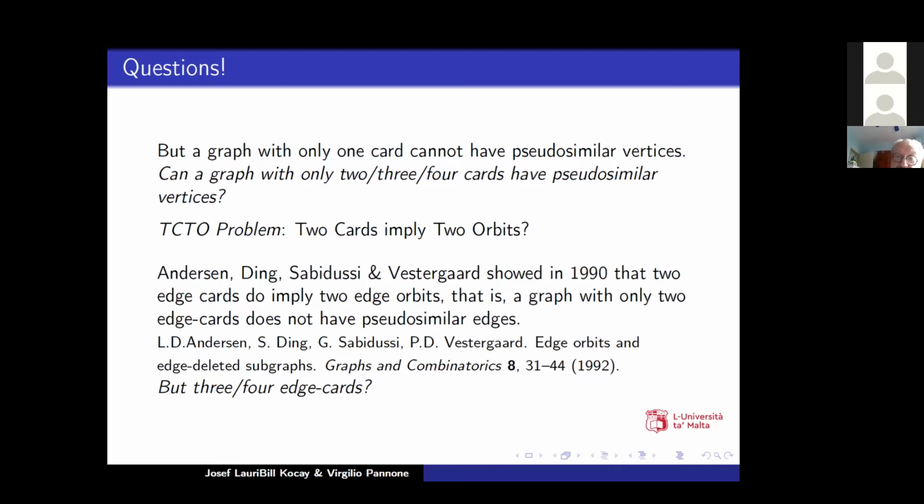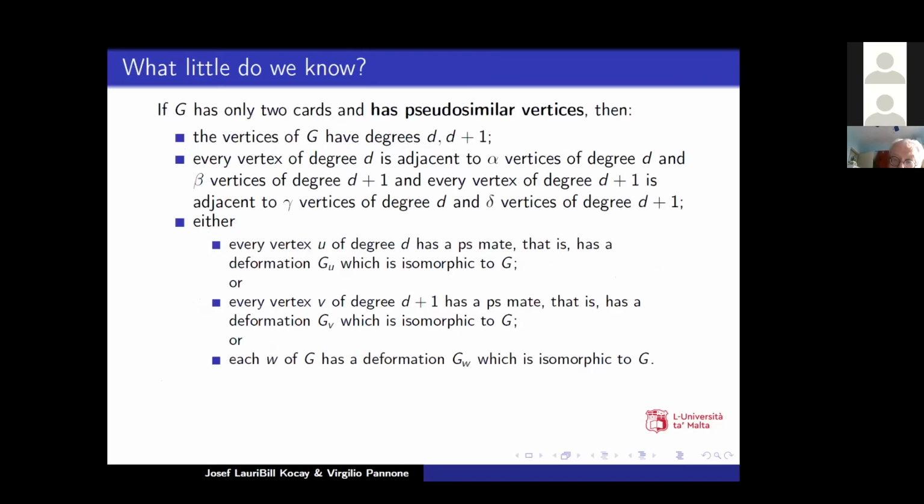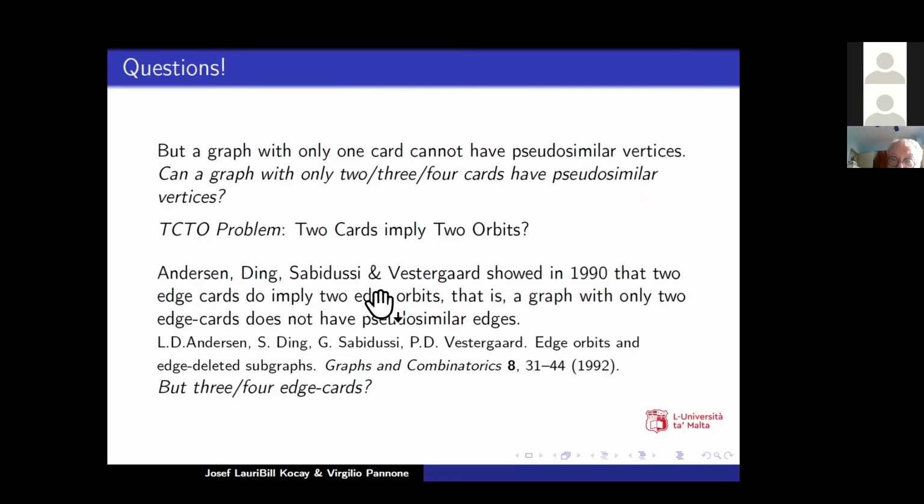But what happens with 3 edge cards and 4 edge cards is also still open. So if we manage to prove this, we'll have this gap both for edge cards and for vertex cards.